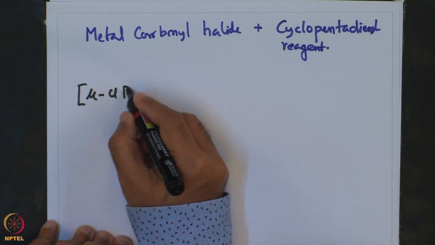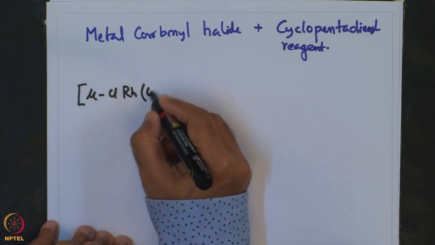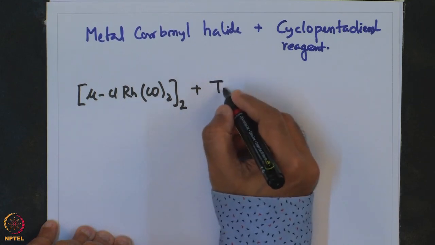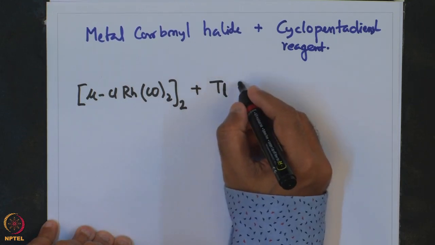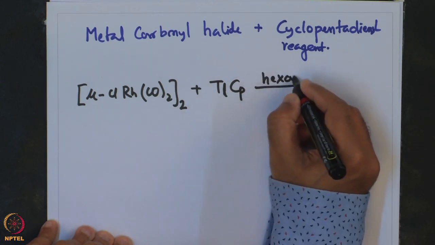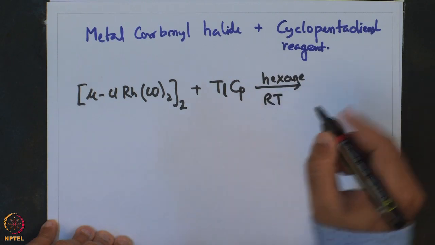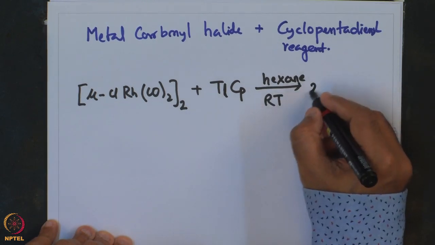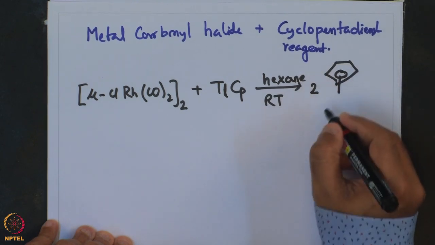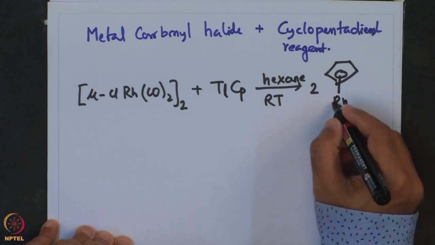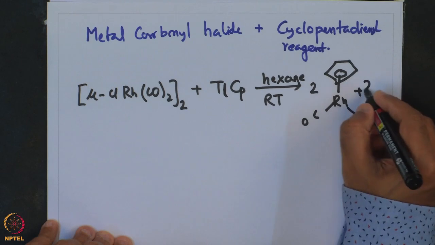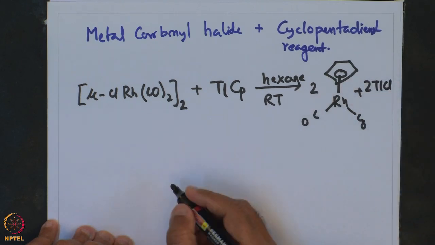Cl, mu Cl, rhodium dicarbonyl dimer plus thallium Cp, cyclopentadienyl thallium in hexane at room temperature gives 2 equivalents of Cp rhodium dicarbonyl plus twice thallium chloride.